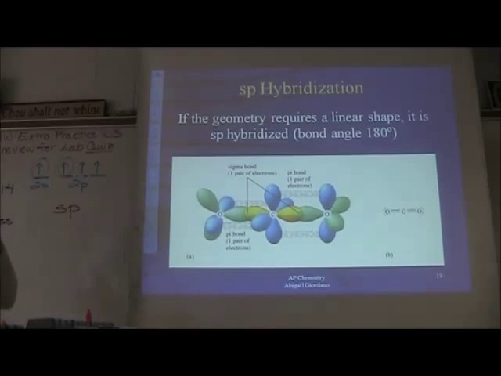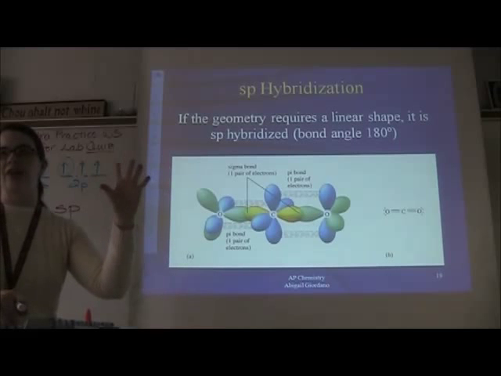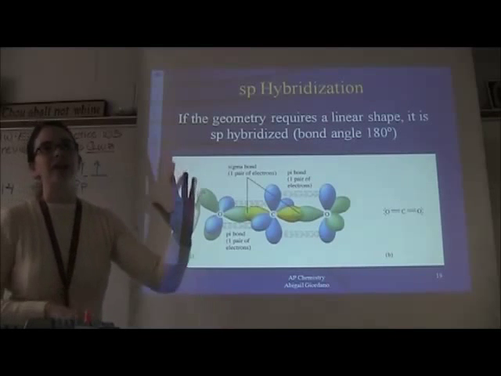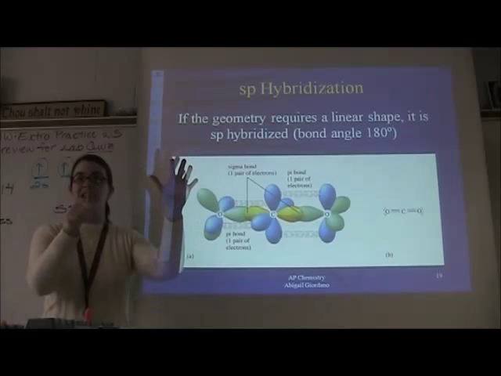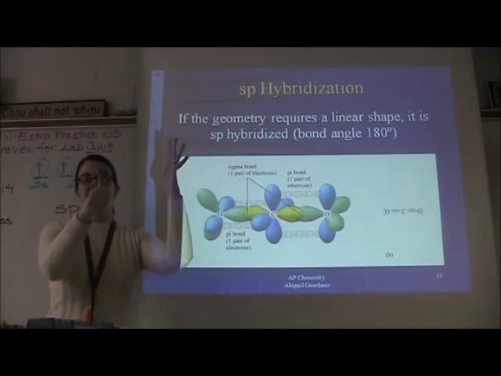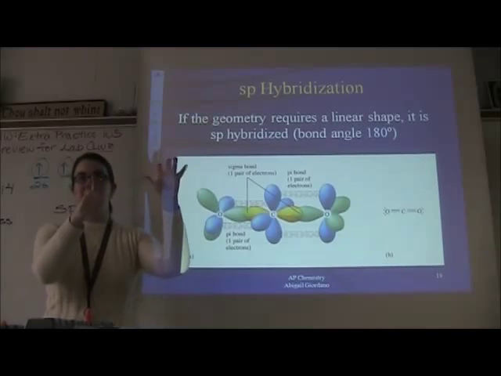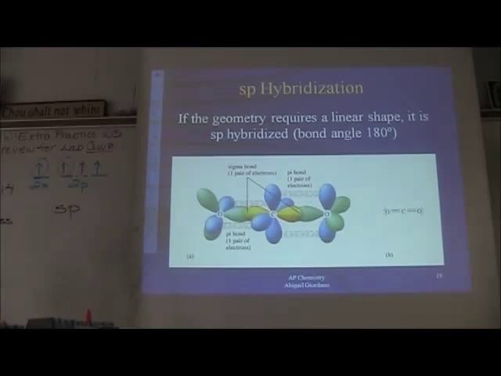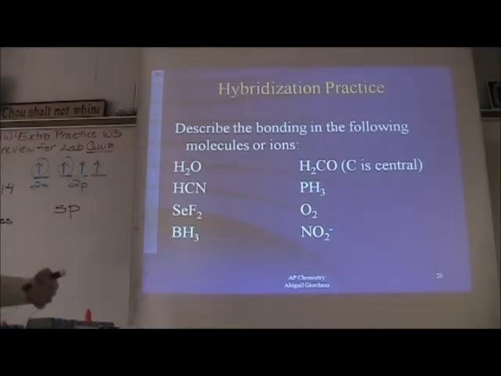For example, something that has 5 sides occupied, you would say is sp3d hybridized. And if you have octahedral with 6, it was sp3d2. But again, they're not convinced that that even exists. So you are responsible for hybridization on the basic shapes only, like the Chem 1 shapes.